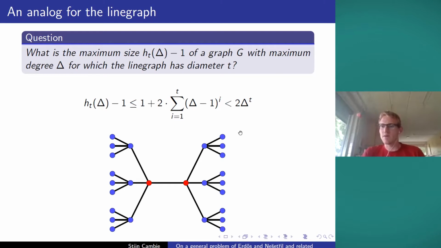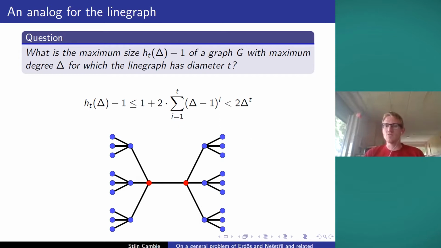So looking at the picture below, if we look at one edge, for example the one between the two red vertices, there are at most 2 times delta minus 1 edges which share a vertex, because both vertices have degree at most delta. So there can be delta minus 1 additional edges on the left, delta minus 1 on the right.